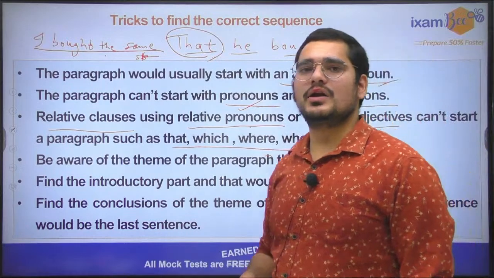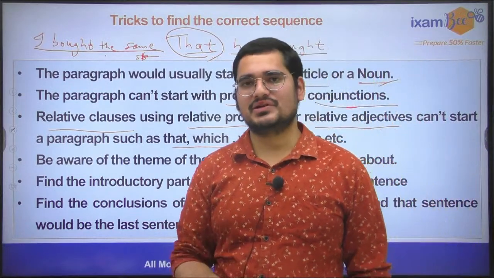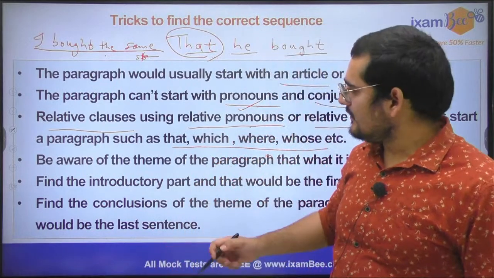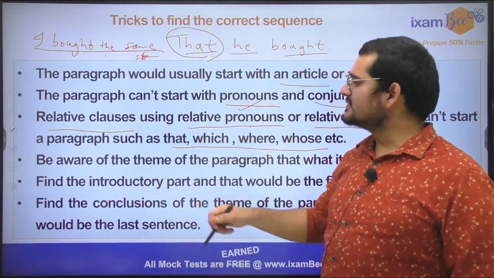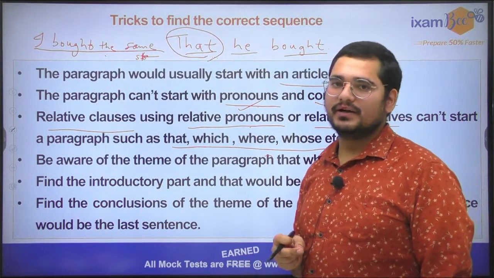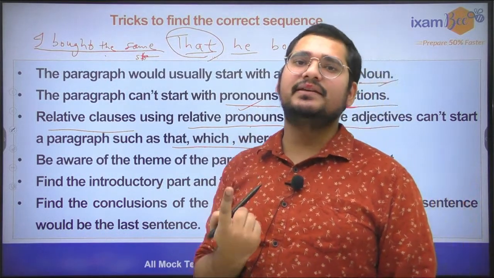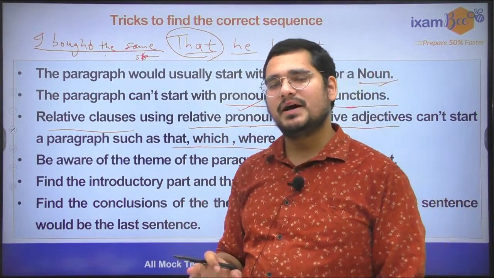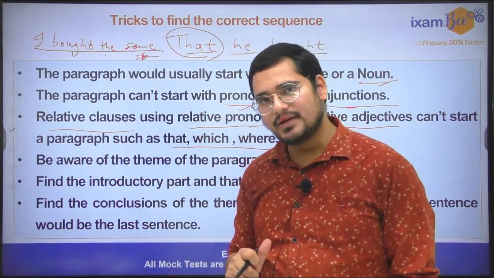So when you are aware of the theme of the paragraph, it helps you to find the introductory part, the first sentence: if the paragraph is talking about this thing, then its first sentence could be this.